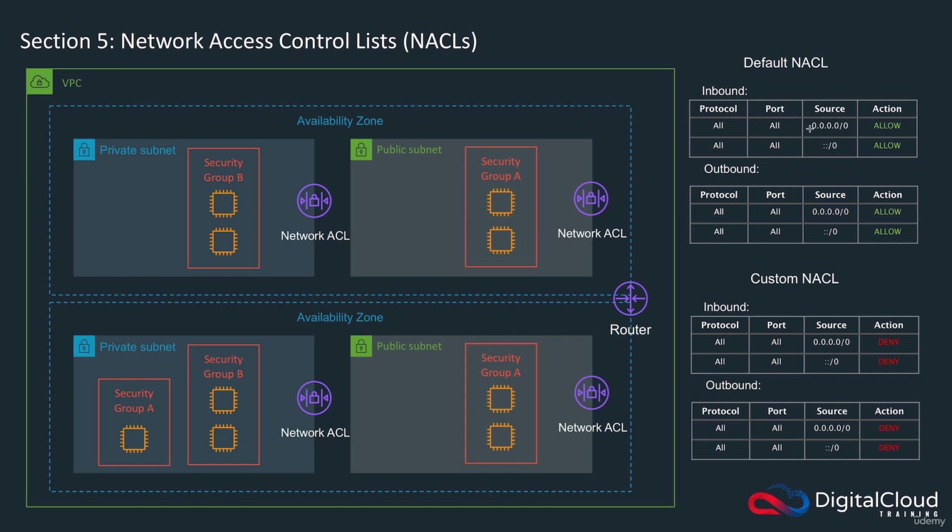And if you have IPv6 enabled, you'll have two rules, one for IPv4, one for IPv6. And this is inbound and outbound. However, with a custom NACL, if you just create it and save it, this is what you're going to get. You just get a deny. So as soon as you associate this with a subnet, no traffic will be able to go into that subnet or out of that subnet. So that's very important to note.